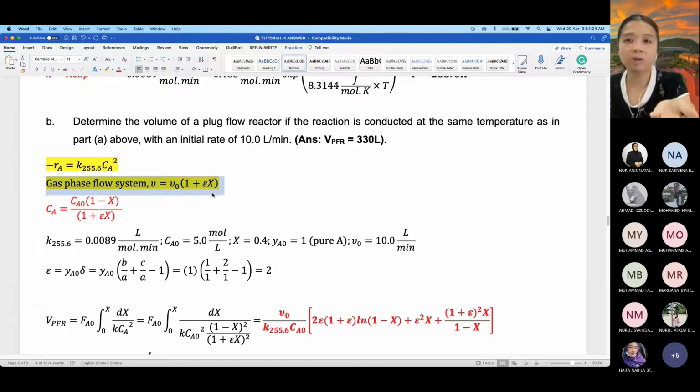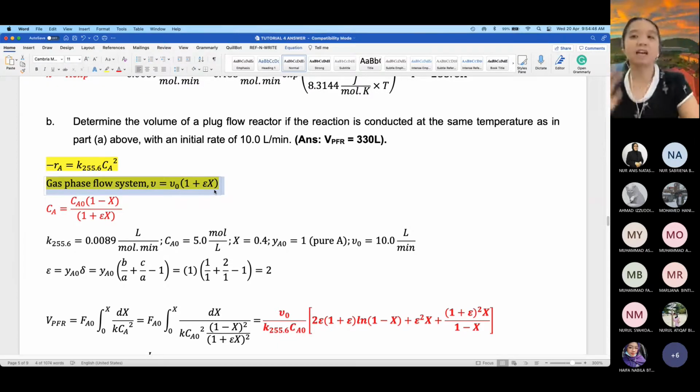Technically, kalau ada pressure change, P per P naught, kalau ada temperature change, T naught per T. Tapi sebab soalan ni tak ada temperature change, no pressure change or pressure drop, that's why part yang P per P naught, T naught per T tu tak ada kat belakang equation ini. Okay, done.